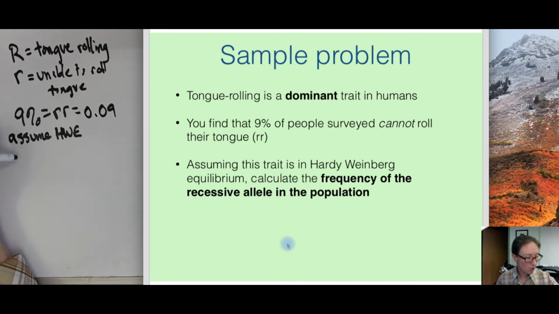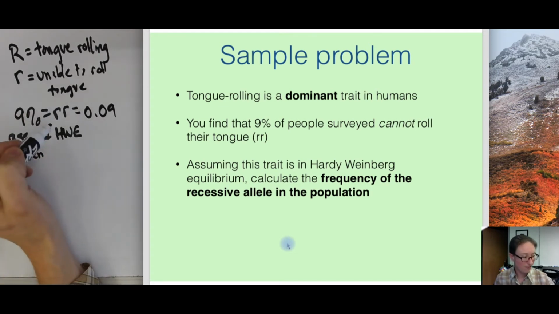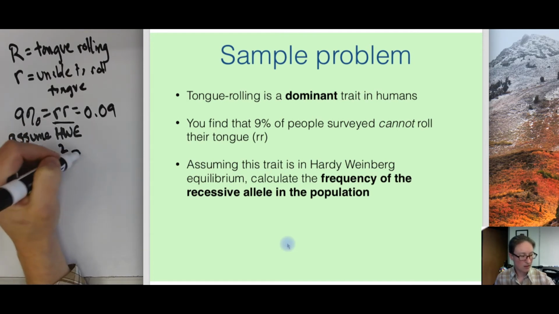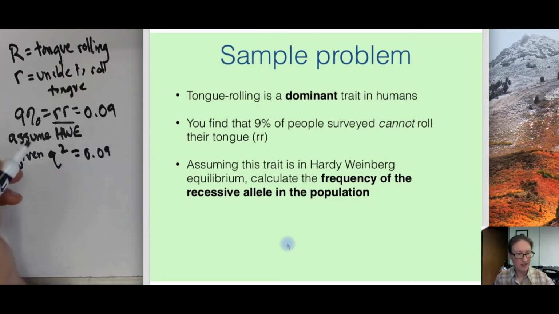So here we are given, if we're thinking about P's and Q's, we've just been given Q squared and told that Q squared equals 0.09.